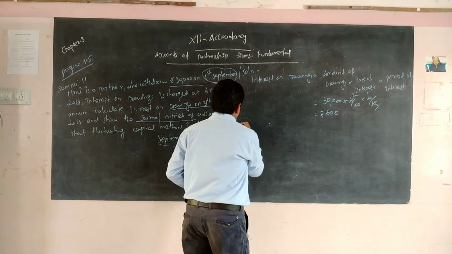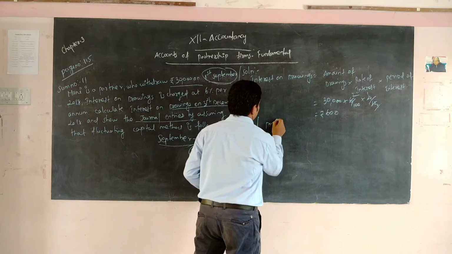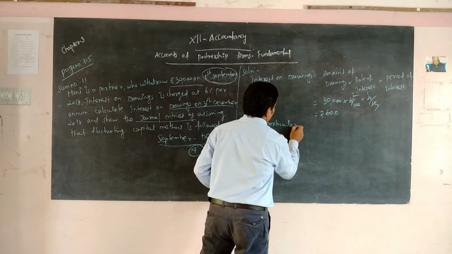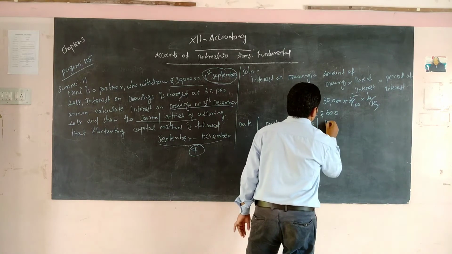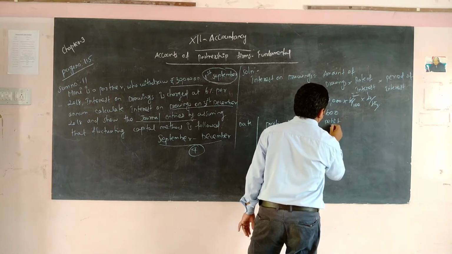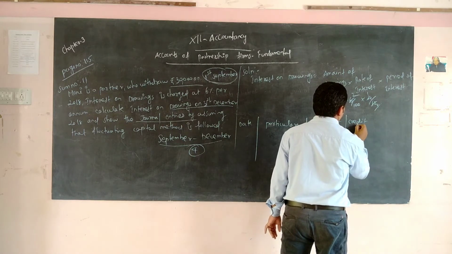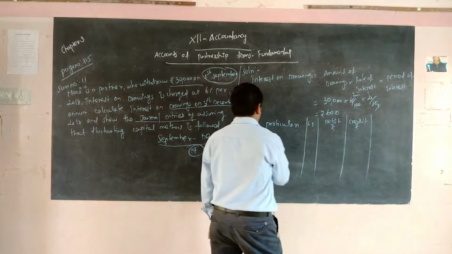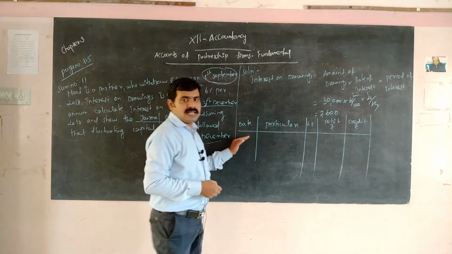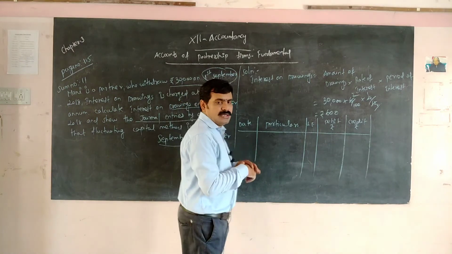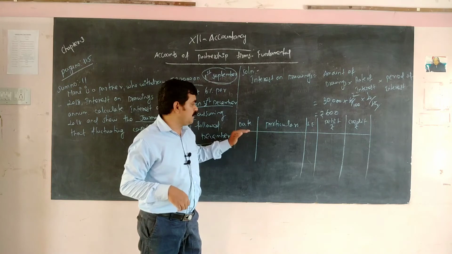First entry: date, particulars, LF, debit, credit. So this is the journal format. The date need not be mentioned, this is not a problem.